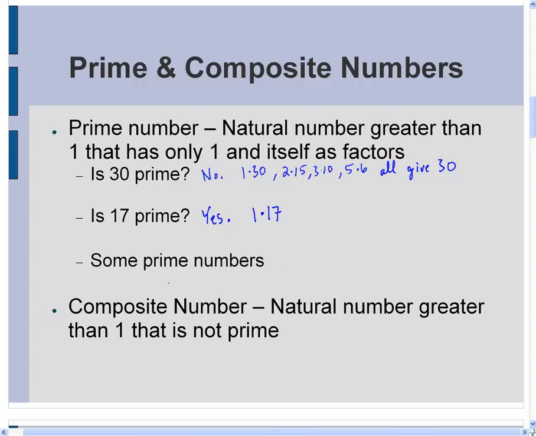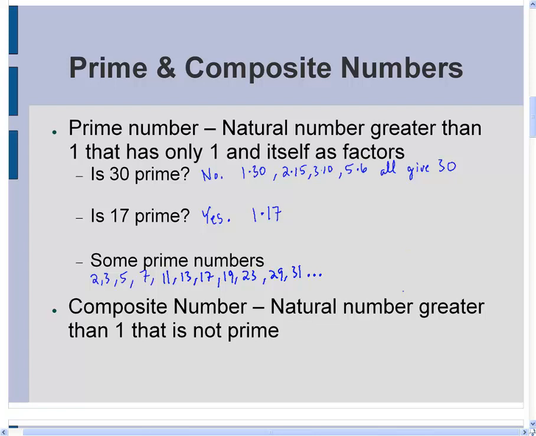So some of the prime numbers are 2, 3, 5, 7, 11, 13, 17, 19, 23, 29, 31, and we can continue going, finding more prime numbers. In fact, it has been proven in mathematics that there is an infinite number of prime numbers.